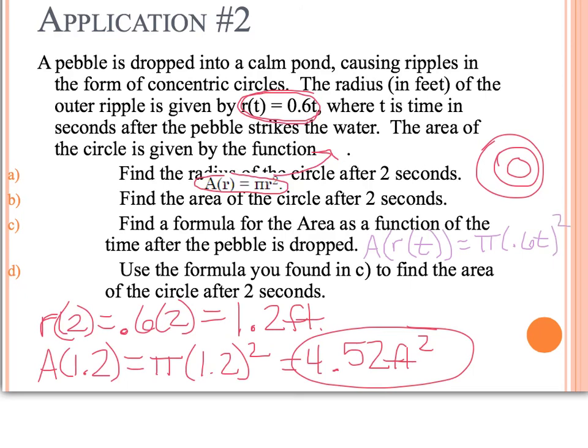And then we would use this formula, and we can plug 2 right in there and be able to get the whole thing done all in one step. Pi times 0.6 times 2 squared. And you'll see we get the same thing. Pi times 0.6 times 2 squared. And we get 4.52.